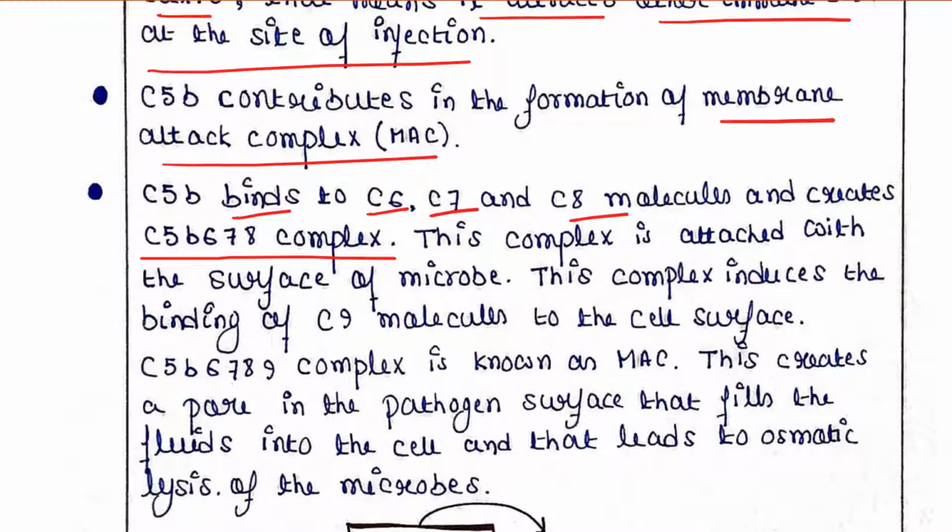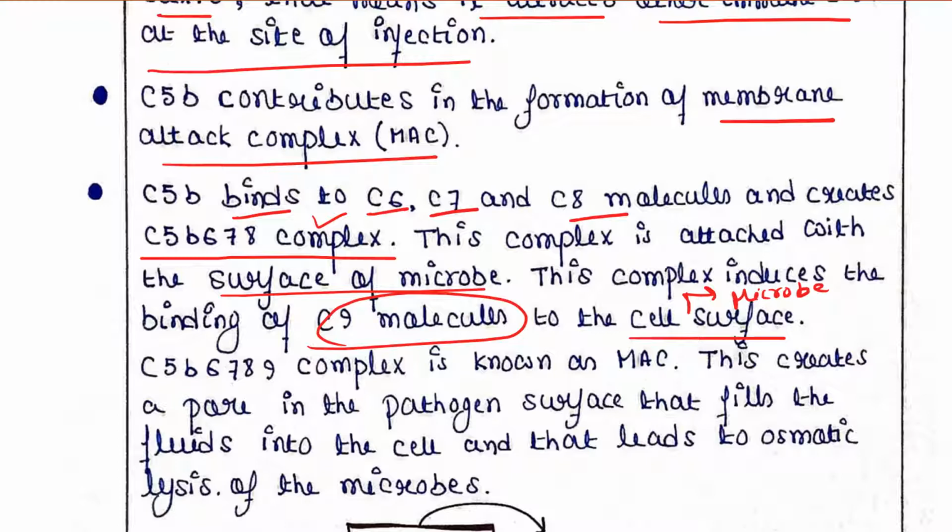And this complex is attached to the surface of the microbe. And this complex induces the binding of C9 molecules. A number of C9 molecules will be attached to the cell surface. Which cell surface? Surface of the microbe.